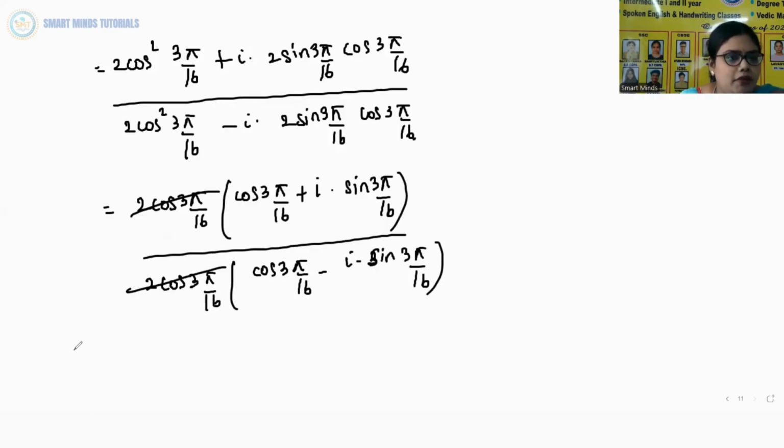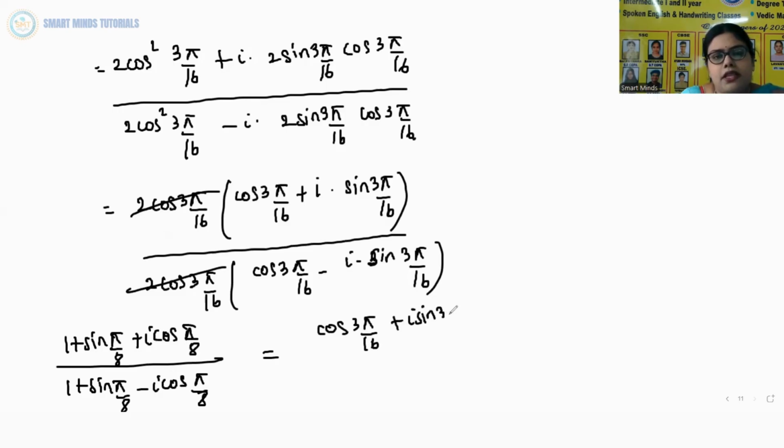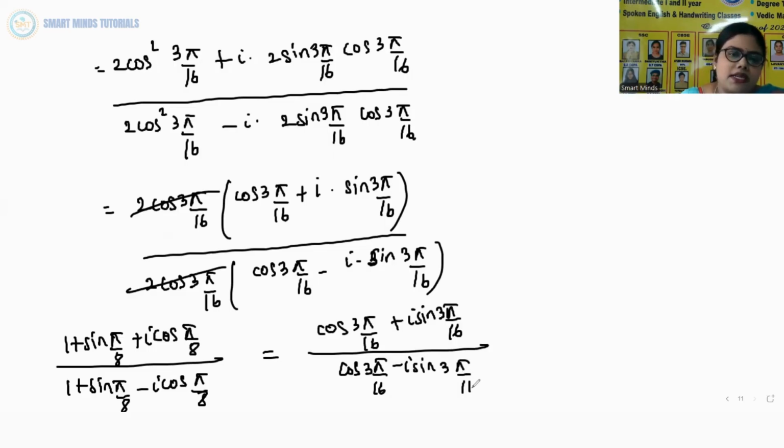Now whose value did we find? The value of (1 + sin π/8 + i cos π/8) / (1 + sin π/8 − i cos π/8) is (cos 3π/16 + i sin 3π/16) / (cos 3π/16 − i sin 3π/16).